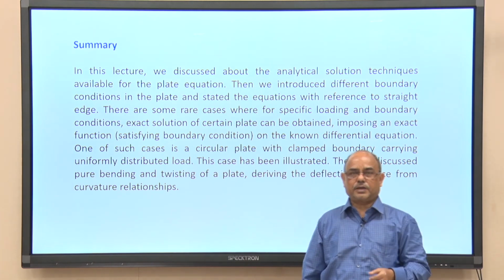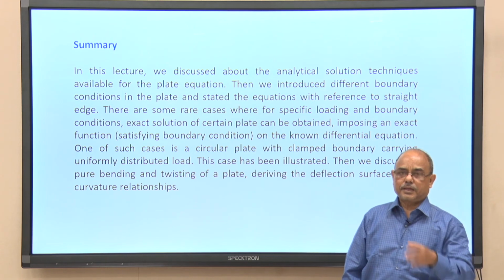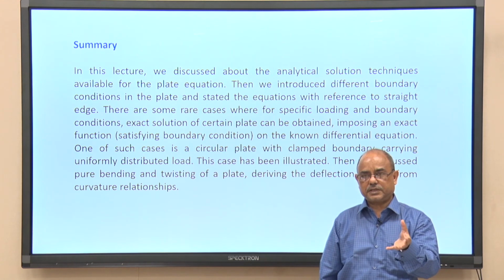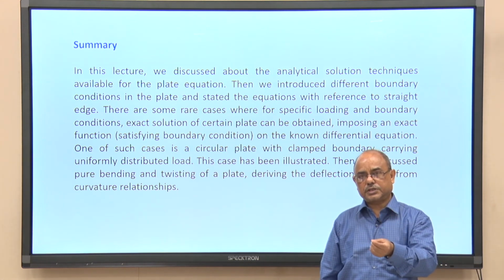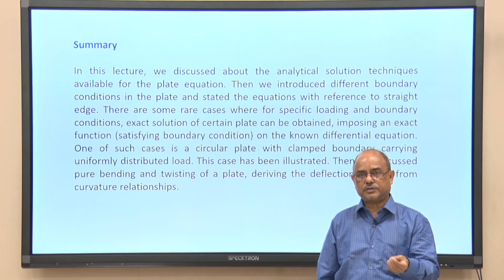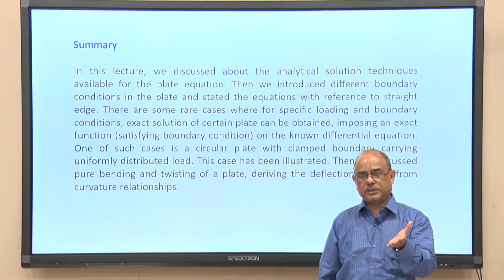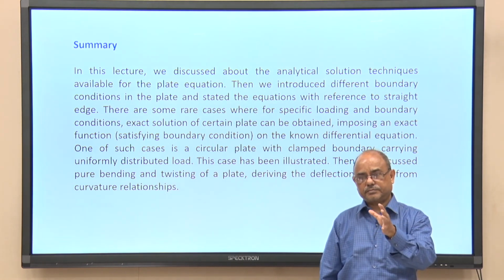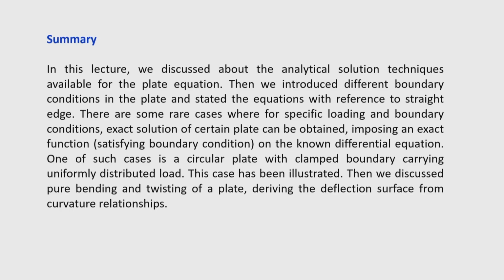That case I have demonstrated, how to find the deflection, taking a suitable deflected surface to find the unknown constant associated with the deflection function, and from that we have seen that the maximum deflection occurs, as we expected, at the center, and magnitude is given in terms of the radius to the power 4, load intensity and the flexural stiffness of the plate.